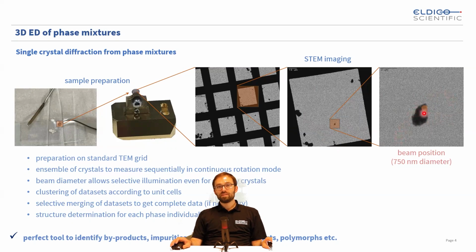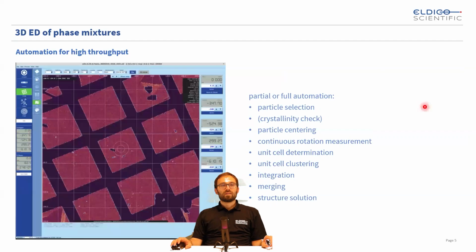If you have different species, you can later group them by the unit cells that you determine and then perform a structure determination for each of these species in itself. So it's a perfect tool if you want to identify minor species in a mixture, which can be byproducts or decomposition products, impurities, and maybe also minor polymorphs of the same compound.